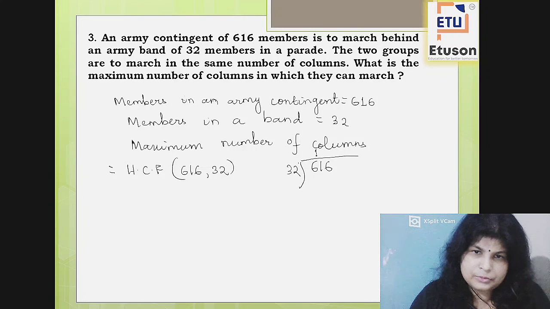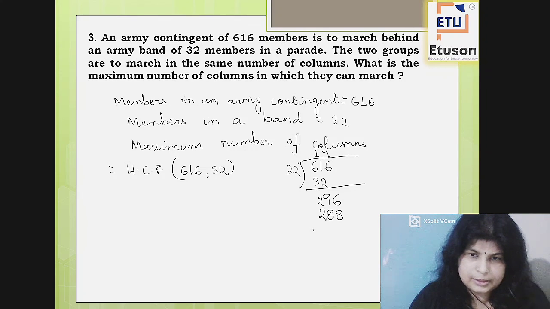32 into 616, you will get 19 and the remainder is equal to 8.